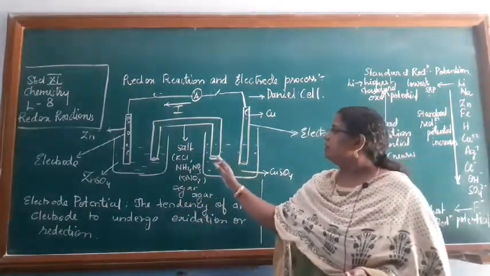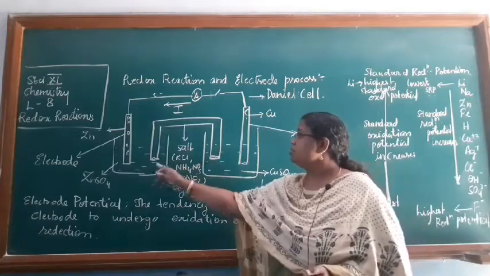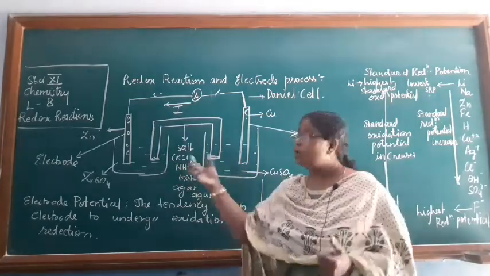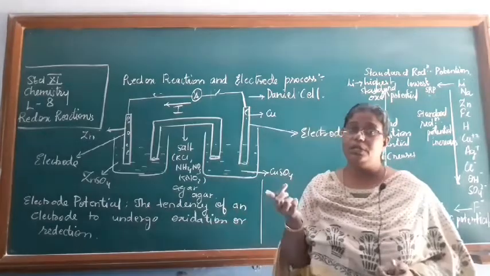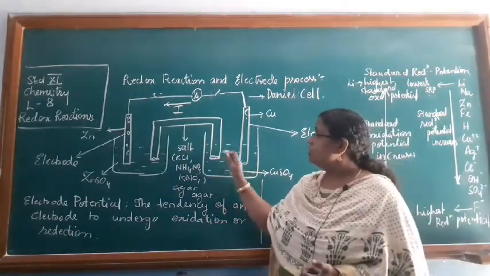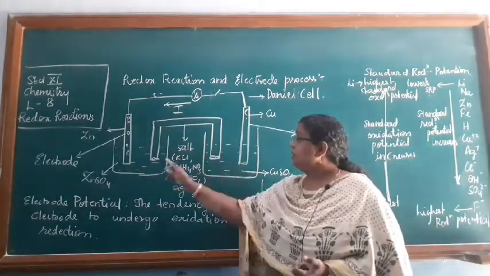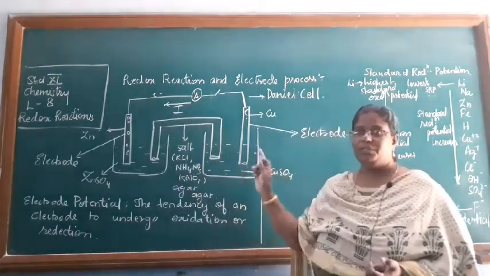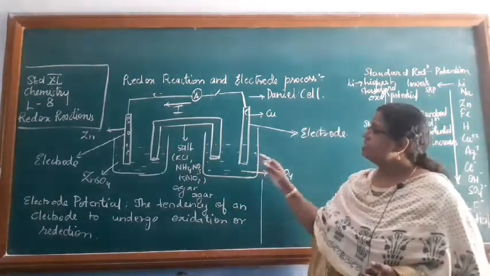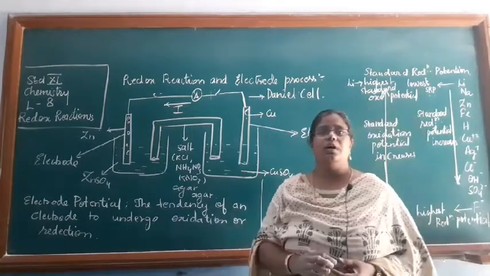This salt bridge is also giving a contact between the two cells, otherwise how will the contact be? So the salt bridge keeps contact with the solutions between the two vessels. So these are the things you should understand here.